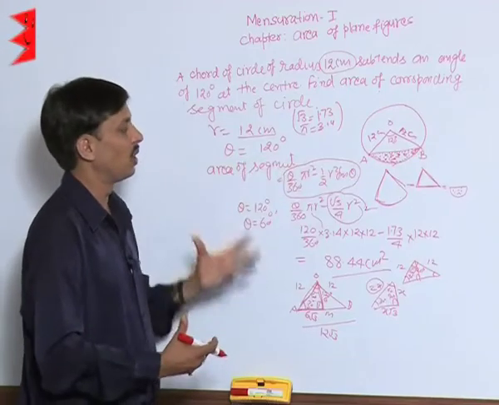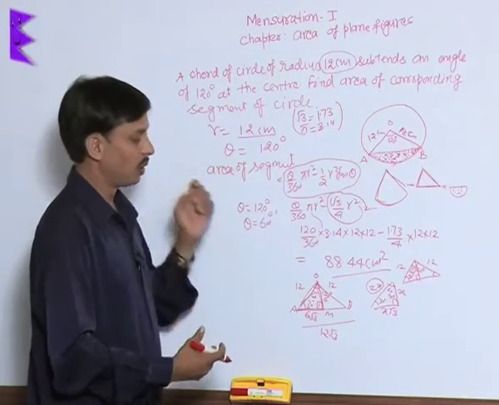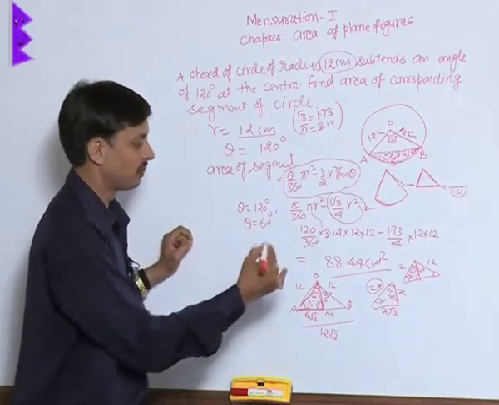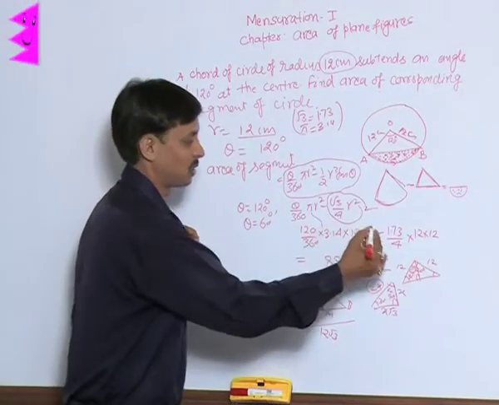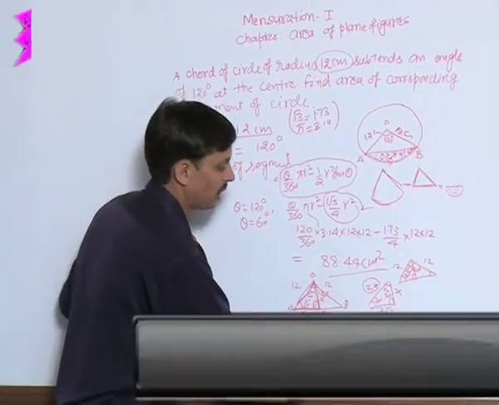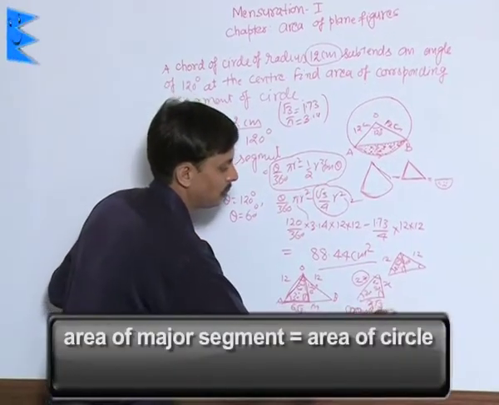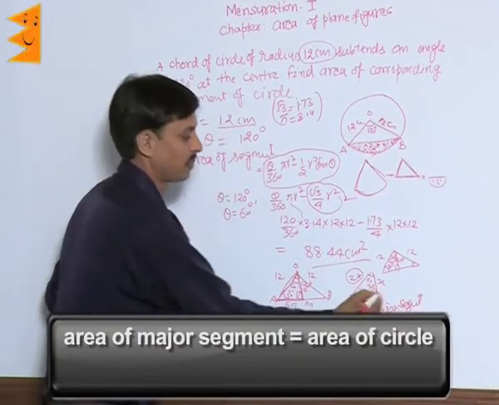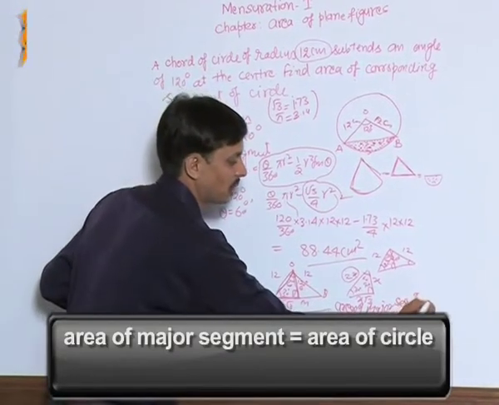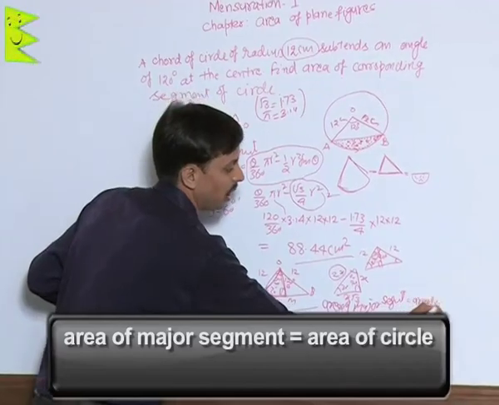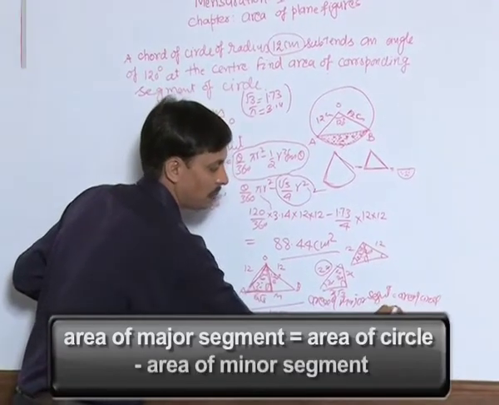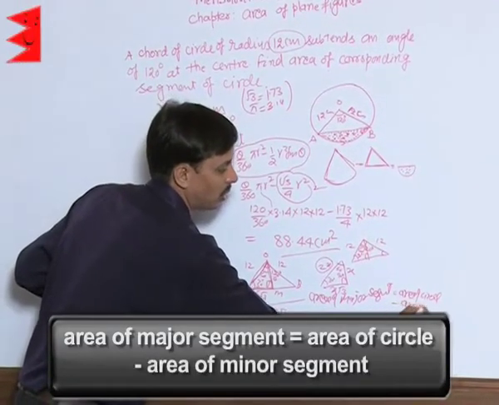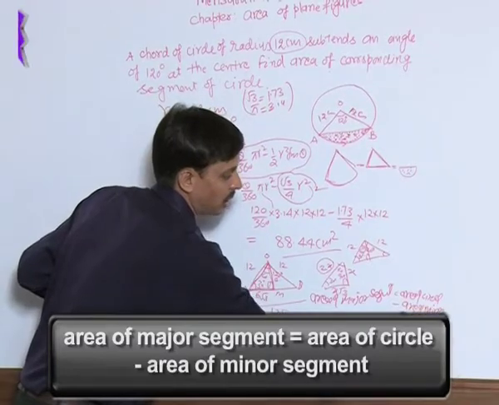If you want to calculate the area of the major segment, there is a direct formula which I am explaining here: area of major segment is equal to area of circle minus area of minor segment.